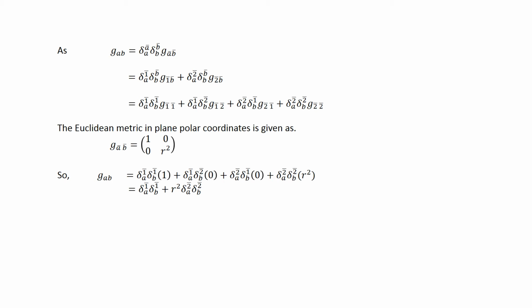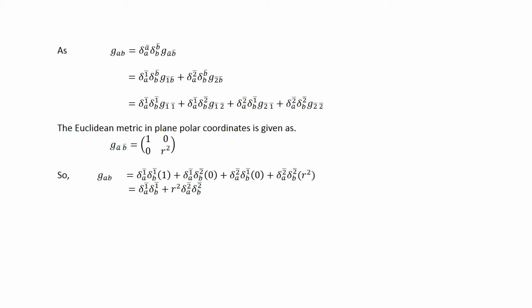Okay, as we know, the Euclidean metric in plane polar coordinates is given by G A bar B bar equal to the matrix with entries 1, 0, 0, r square. If we replace here this r square with the new variable x1 bar, this becomes G A bar B bar equal to 1, 0, 0, x1 bar square.